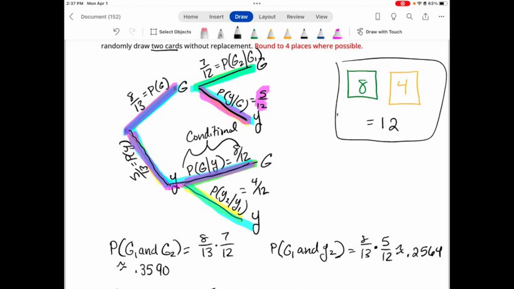If you just want to see the probability of getting a green, knowing that you already picked a yellow, you're looking at just the probability of picking a green, not green and yellow. You're just making an assumption that you've already picked a yellow. So that's why the conditional is just the one single branch, that one layer, and the and statement is when you multiply the probabilities down the whole path of the branches.